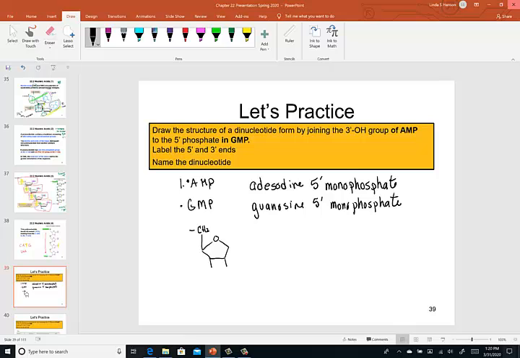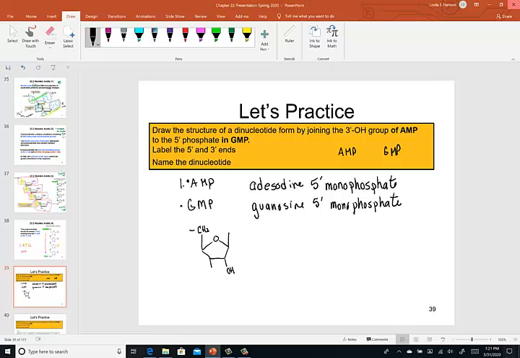I don't see it written as dAMP, and I don't see dGMP. I don't see this little d in the name of the nucleotide, the d standing for deoxy. Since it's absent, I know that the sugar must be the ribose sugar. So I know that it's going to have an OH group at carbon number 2.